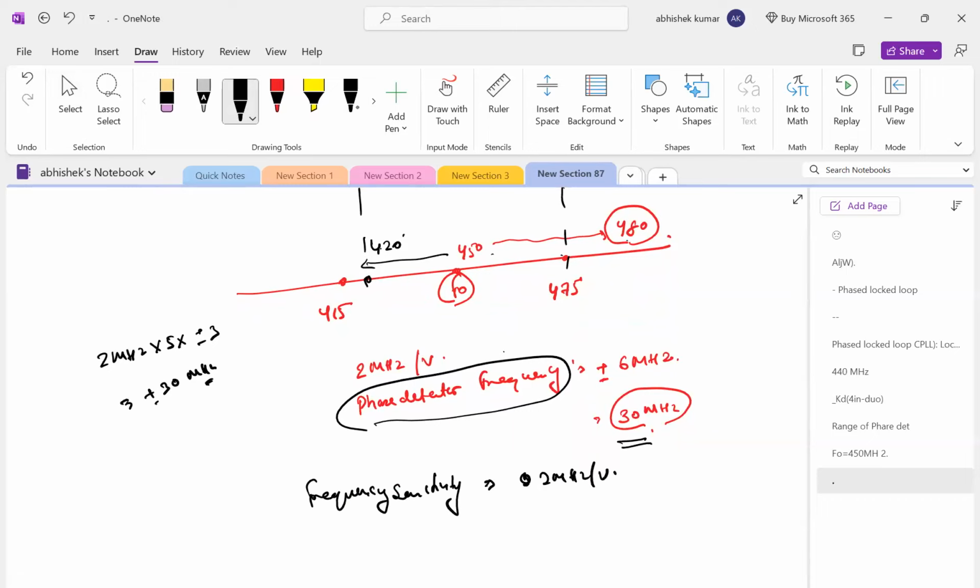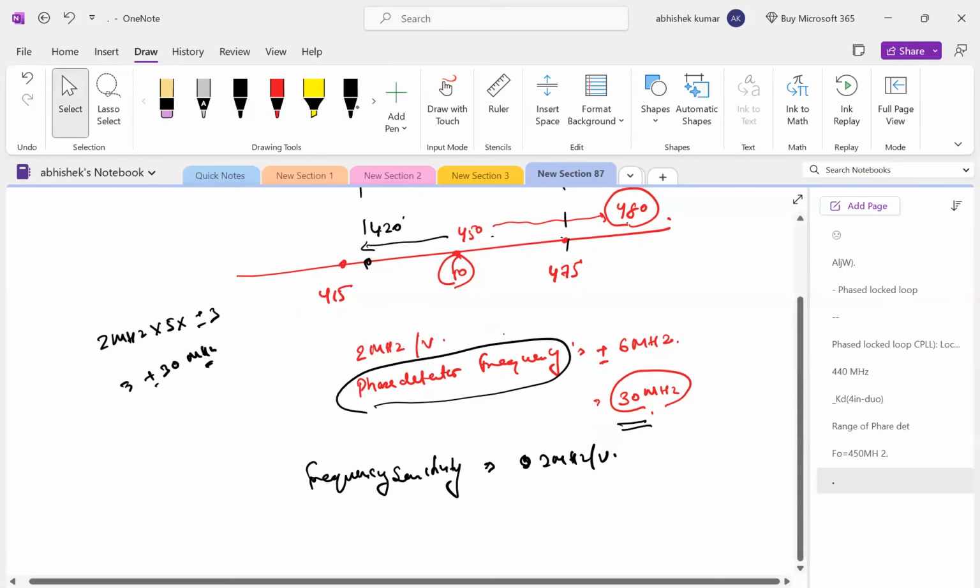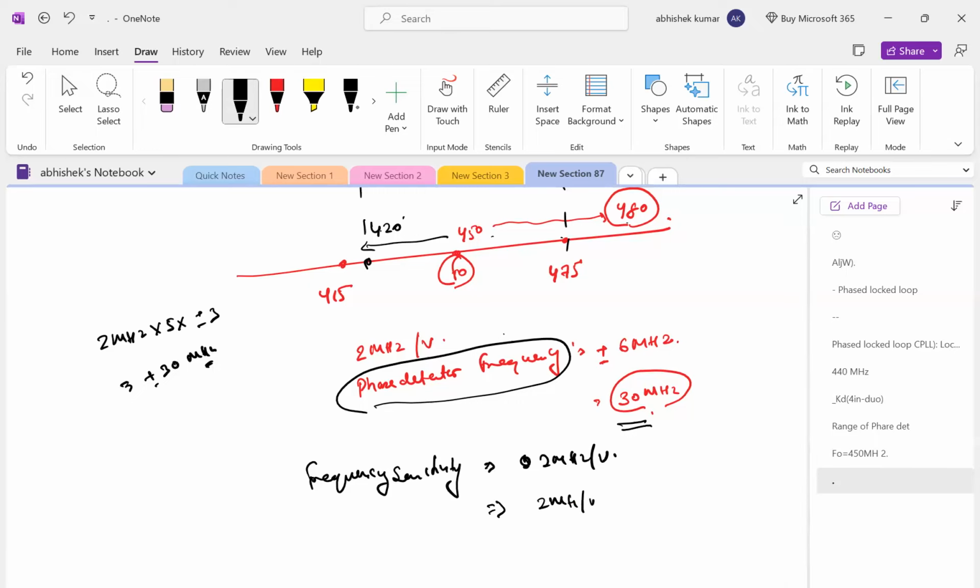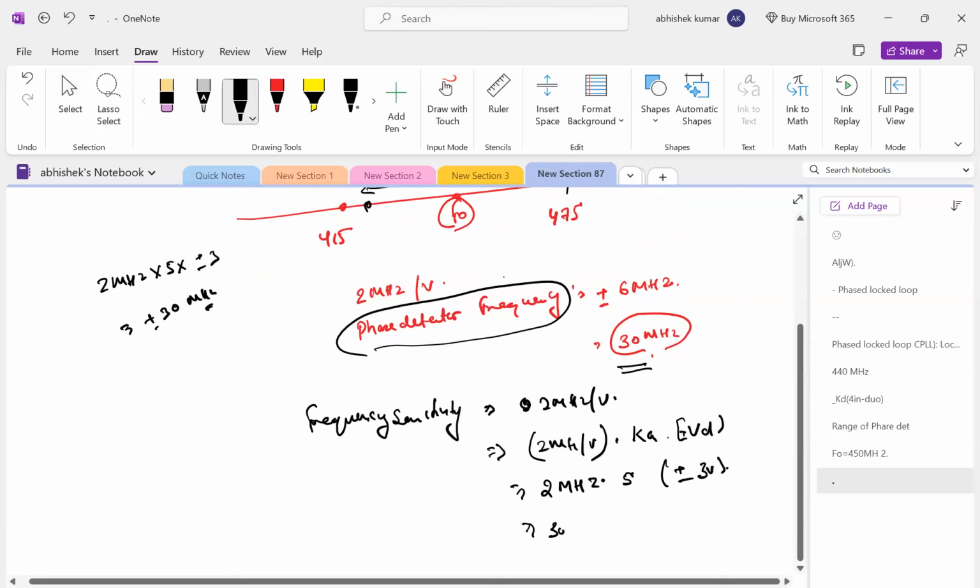And the range can be decided by this 2 megahertz per volt into Ka, the voltage gain, and the phase detector output, that is plus minus 3 volt. Multiplied 2 megahertz into K. What is K? 5. And this is the range of the phase detector output, that is 3 volt. Are you getting 30 megahertz or not?